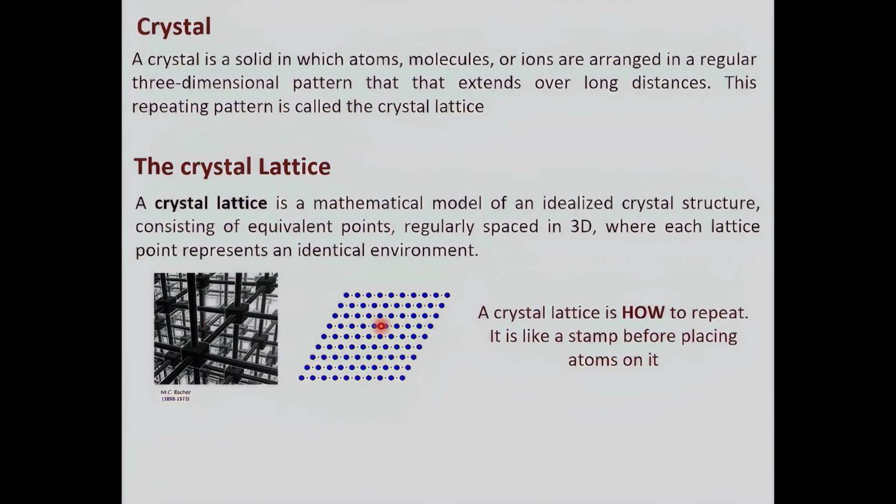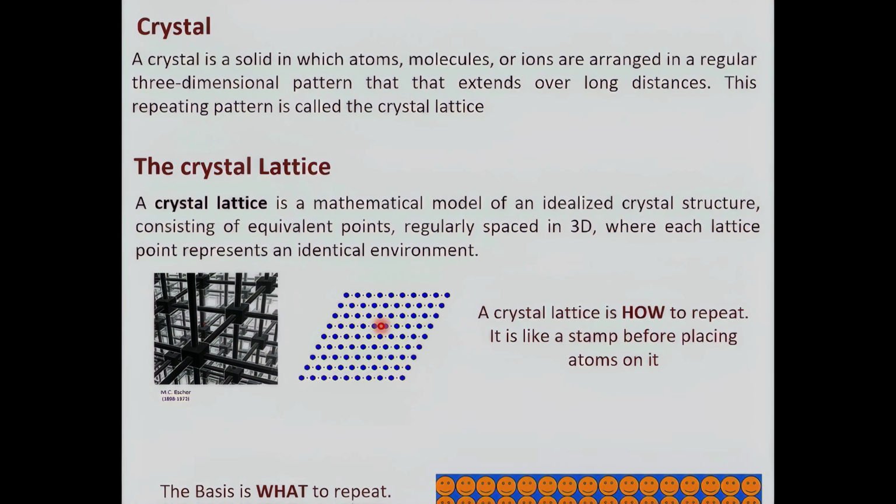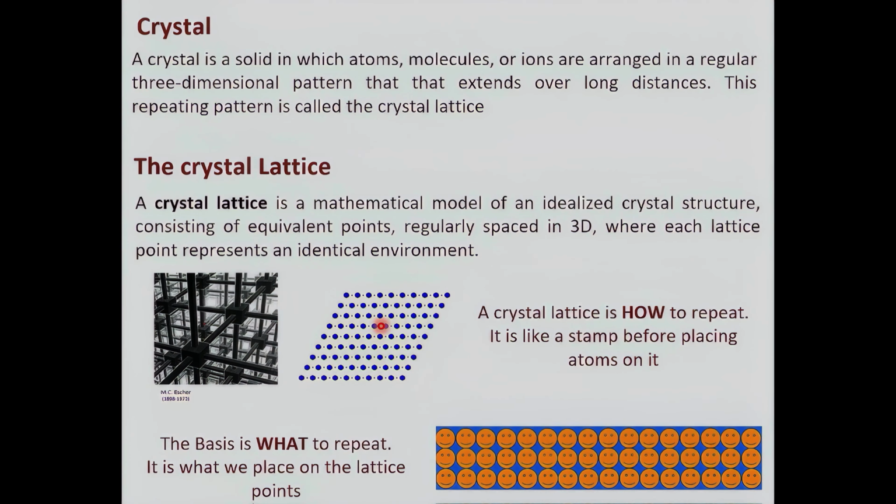This is the crystal lattice, because we have another concept, which is the basis. The basis is what we repeat, what we put on each of these points. For example, here I give you a crystal lattice where each face is on each of these lattice points. Then the basis is what we repeat.